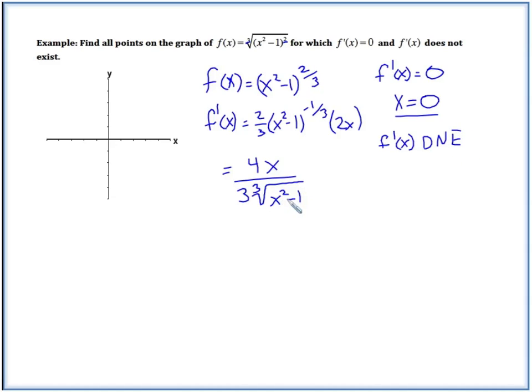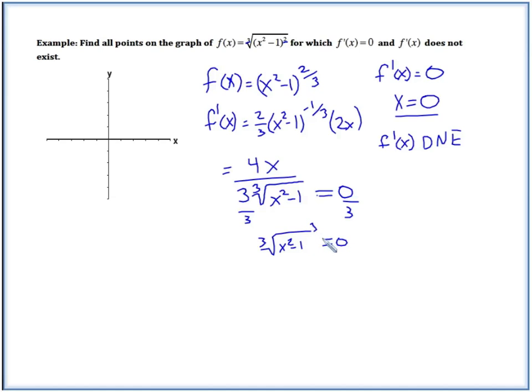So what would make the derivative not exist is if this were undefined. And we know that it's undefined when the denominator equals 0. So we want to find where 3 times the cube root of x squared minus 1 equals 0. So we can divide the 3 out of there. Doesn't change anything. Now we have the cube root of x squared minus 1 equals 0.